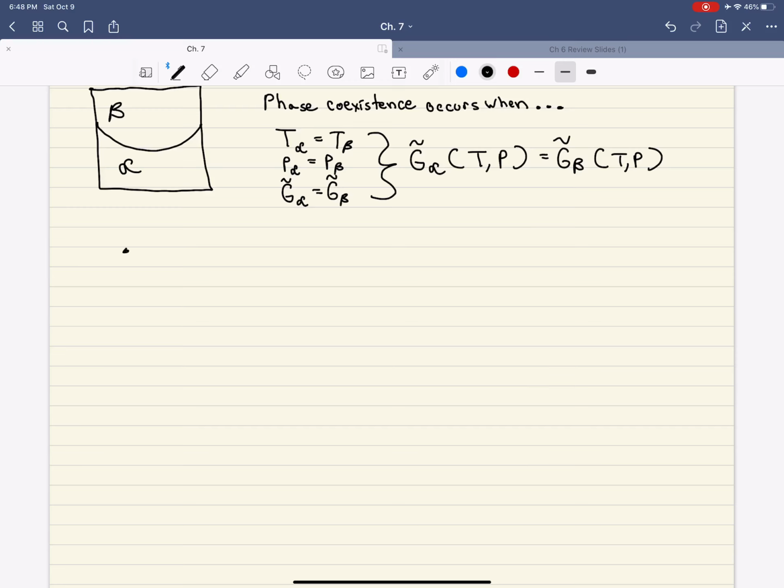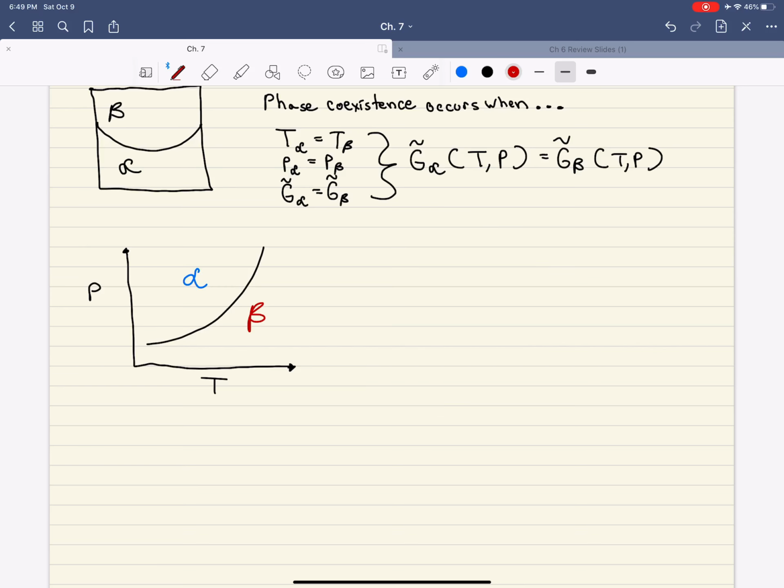What does this actually all mean? I'm going to re-describe this whole situation, but instead I'm going to visualize it using a pressure-temperature phase diagram. Consider the case where in one region of the phase diagram we have the alpha phase, which could be the solid, and in another region we have the beta phase.